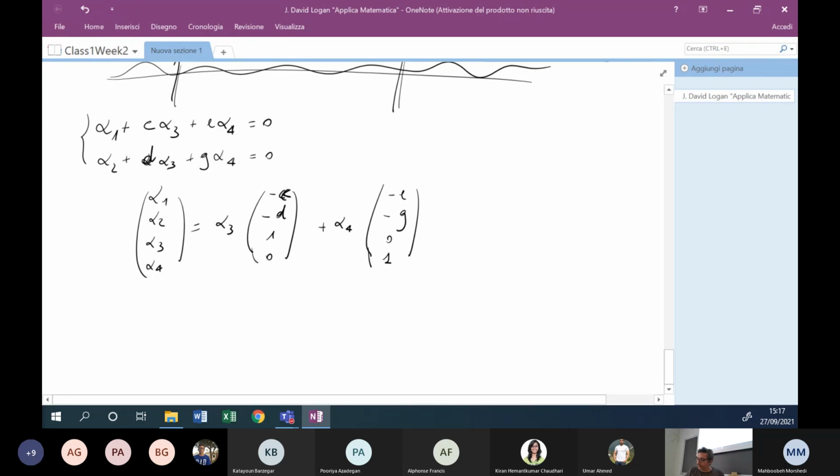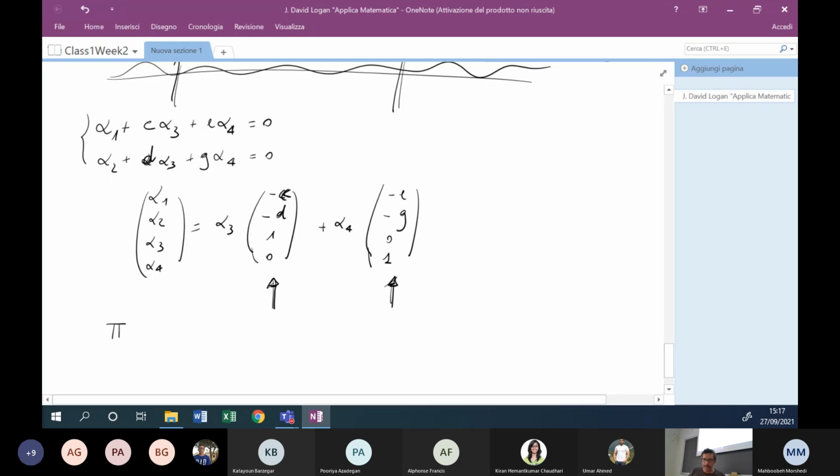So basically this vector here and this vector here are the two independent solutions which correspond to the two independent pi's. So this corresponds to two independent dimensionless parameters pi.